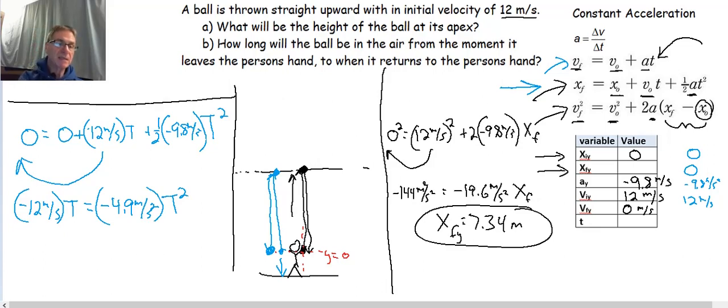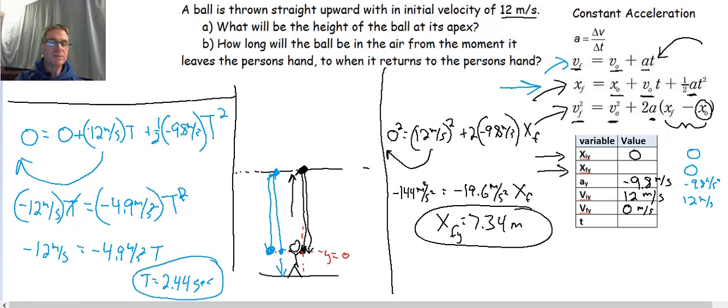I can factor out a t here, getting rid of that t and the squared term, and I have negative 12 meters per second is equal to negative 4.9 meters per second squared times t. If I divide each side by negative 4.9, I get t to be about 2.44 seconds total. And that is my total time from when I threw the ball up to where it comes back down to the level of my hand.